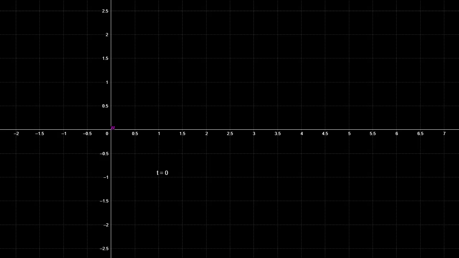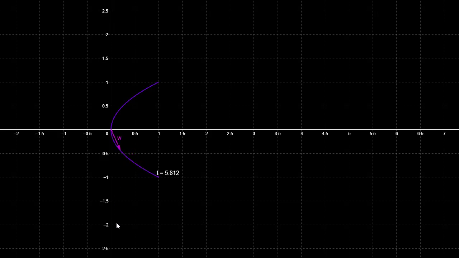If we take a look at the graph of w, and again, I recommend taking a look at a table, it starts at 0, moves up to the point 1, 1, then starts moving back down to the point 1, -1.